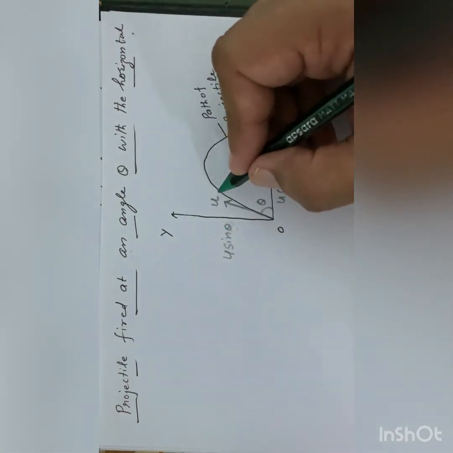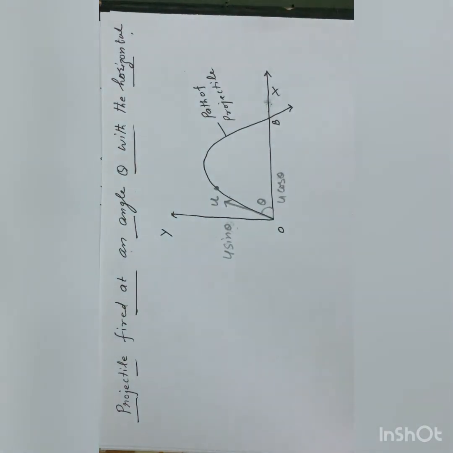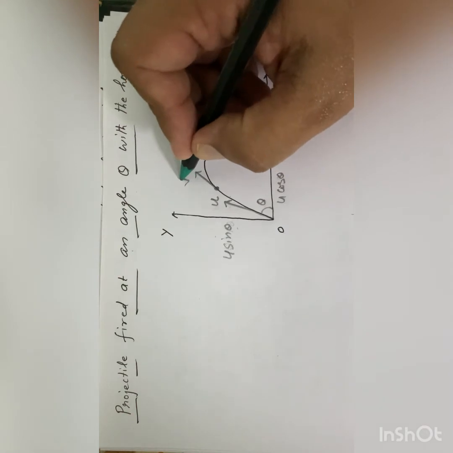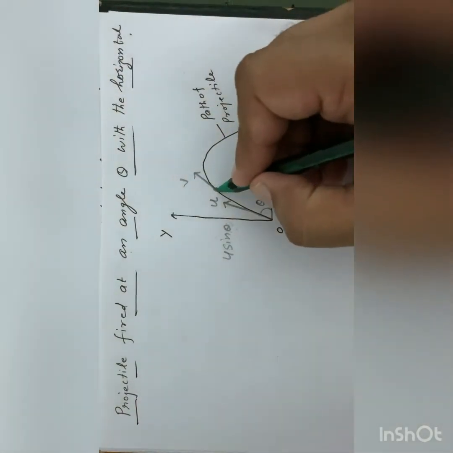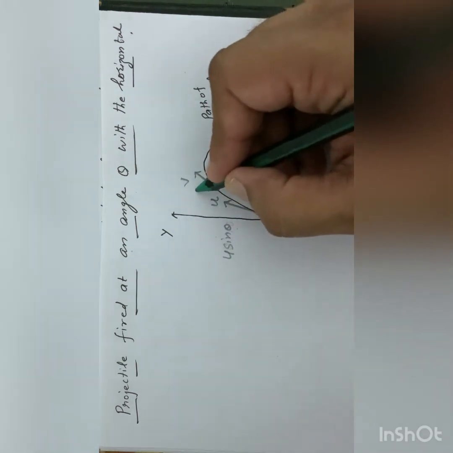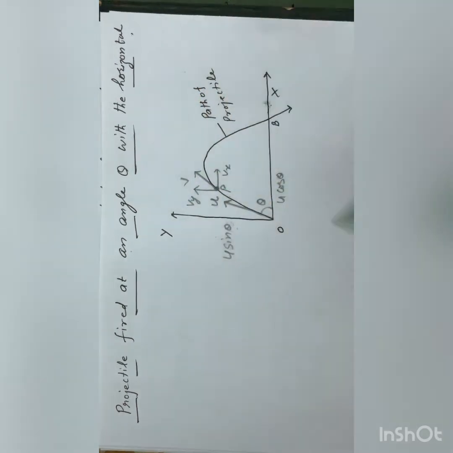Let the projectile at time t be at this position. Say it has velocity v. Its component along x-axis is Vx, and the component of velocity along vertical direction is Vy.